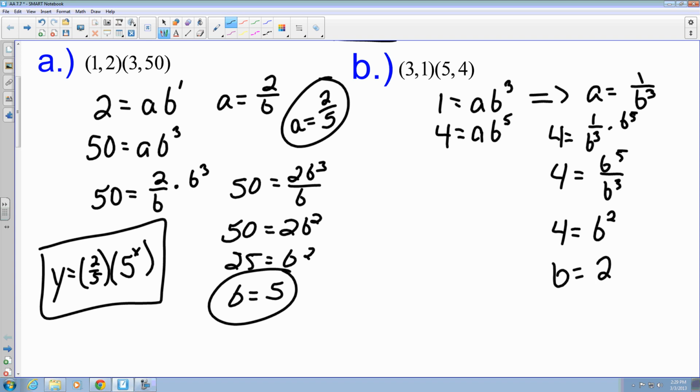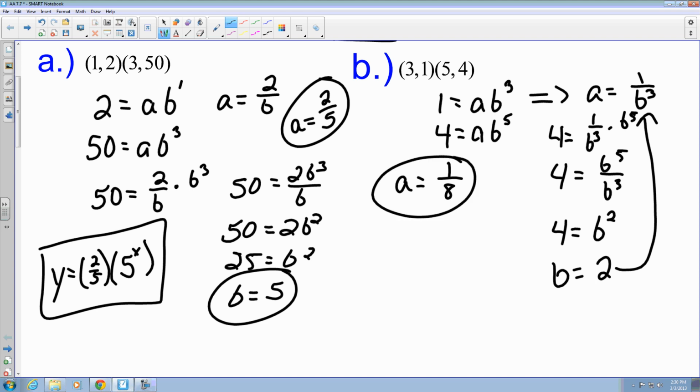Now that I know that's 2, I can substitute it back into the original equation. I know that my a will equal 1 over b cubed, which happens to be 1 over 8. So I know that my a is 1/8, my b is 2.